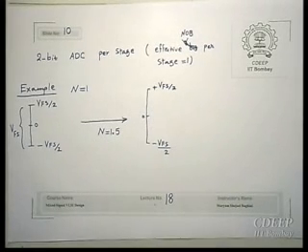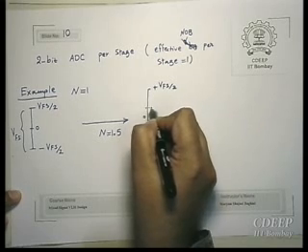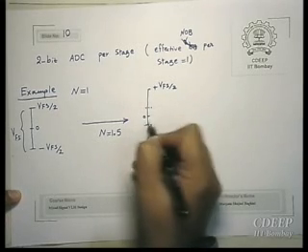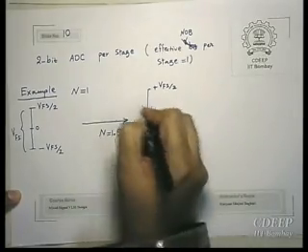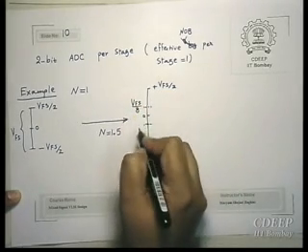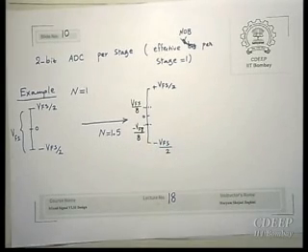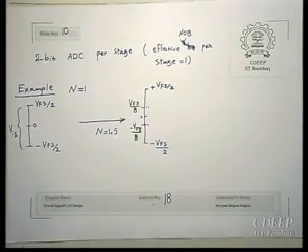Now instead of making 0, what we are doing, we generate 2 other levels, V full scale by 8 and minus V full scale by 8. Okay, I think in the application note also, in many cases you see Vref. I believe V full scale is better because Vref actually is the reference level. V full scale shows you what is the total range you have.